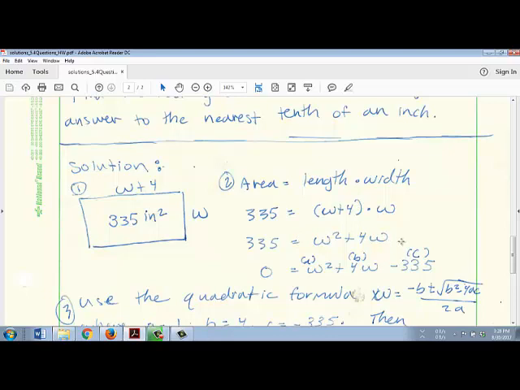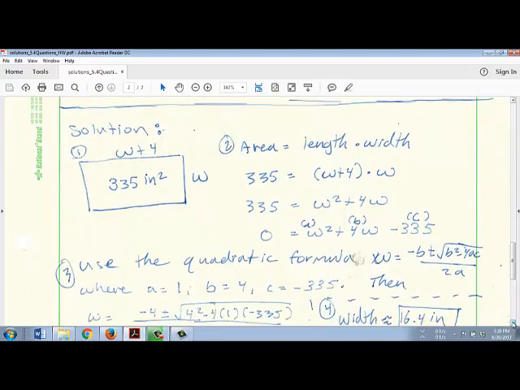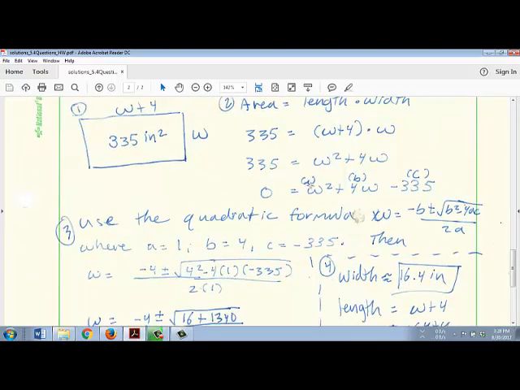Set this equal to 0 by subtracting 335 on both sides so that we get 0 equals W squared plus 4W minus 335. We now have a quadratic equation that we can solve using the quadratic formula. Here we have the coefficient of our W squared term is A. The coefficient of our W term would be B, so B would be 4.